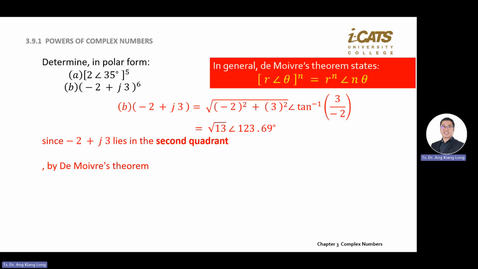So this question asks you for the power 6. What you do is write this equation, the polar equation, then raise it to the power 6, and the angle will be 123.69 multiplied by 6.